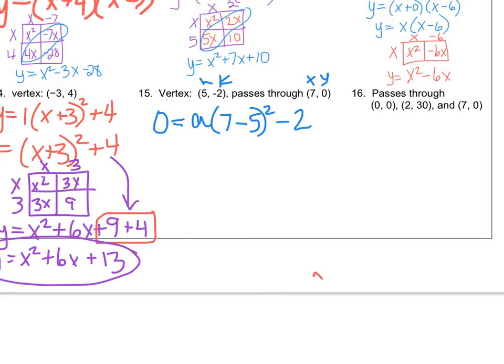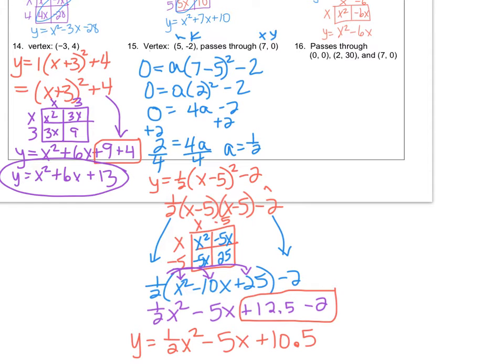So that gets you started. I've plugged it in for you. What I want you to do is go ahead and finish solving for the a value, and then plug the whole thing back into your vertex form again using the a value and solve it down to standard. So a lot of steps. Pause your video while you do the work and then start it back up to check your answer.